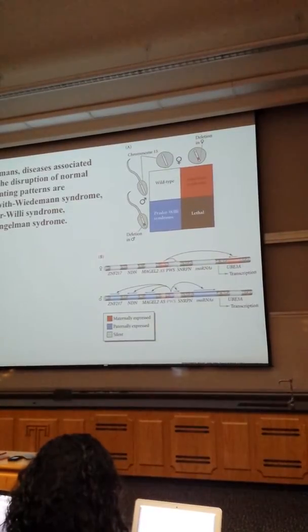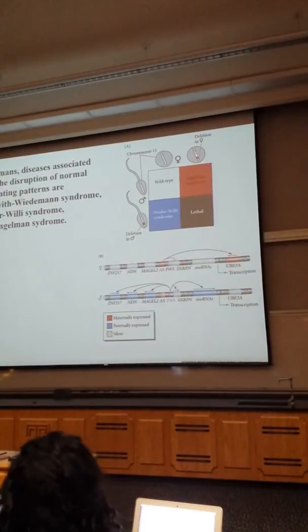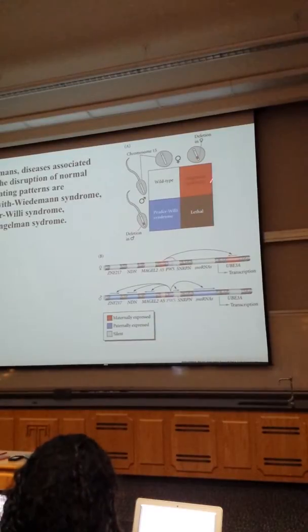Angelman syndrome happens when a woman, during oogenesis, sustains a mutation in this segment of chromosome 15. If she ovulates the egg with this mutation and mates with a normal male, the child will have Angelman syndrome.